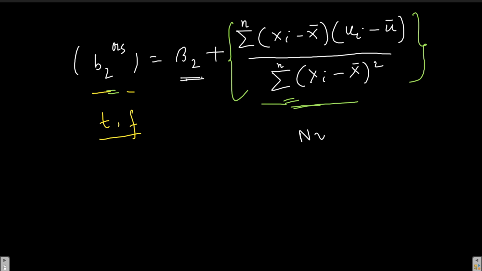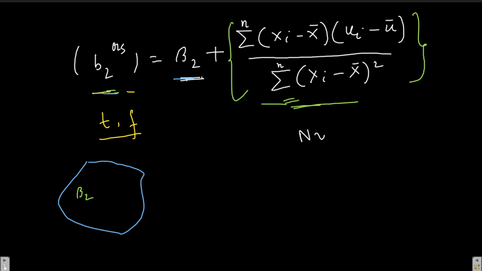Okay, now let's think of the population as something like this. Let's think how beta 2 and B2 OLS are related. Let's say this is our population, and let's say there is a population parameter B2. Now you do not have the entire population with you, neither do you have a specific value of B2.